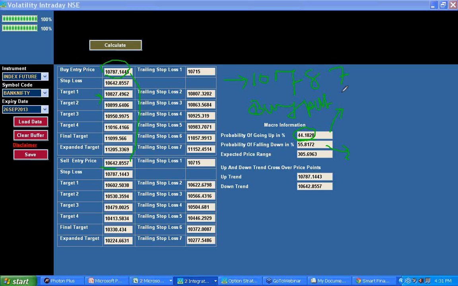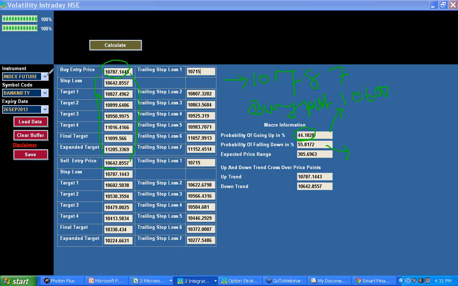Buy a put option of strike, say, 10,600 at whatever the premium. If my calculation comes true and I go till 11,200 or any of the first, second, third targets, then definitely the put option could have given me some losses.